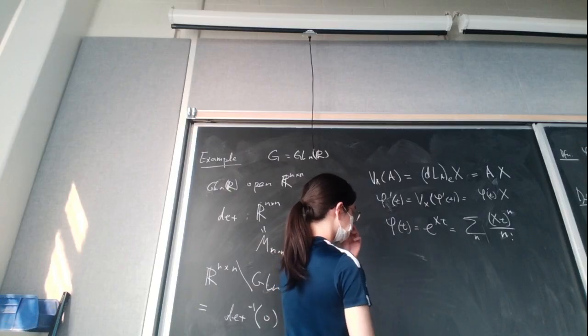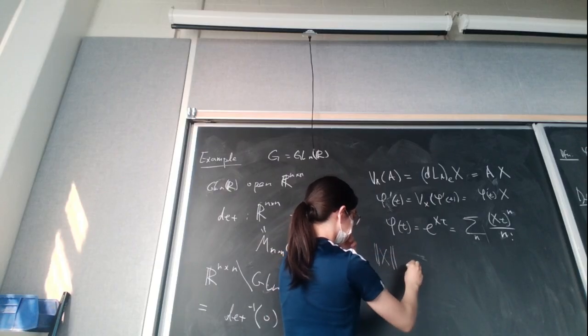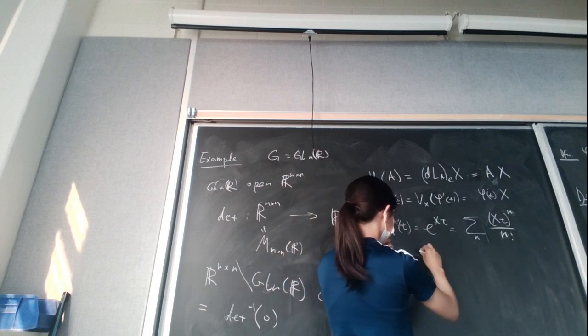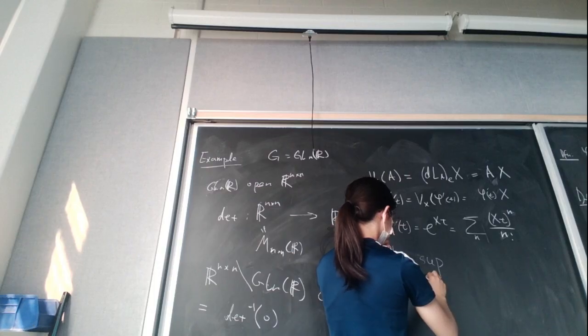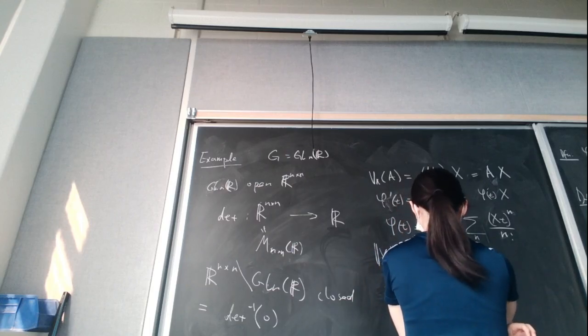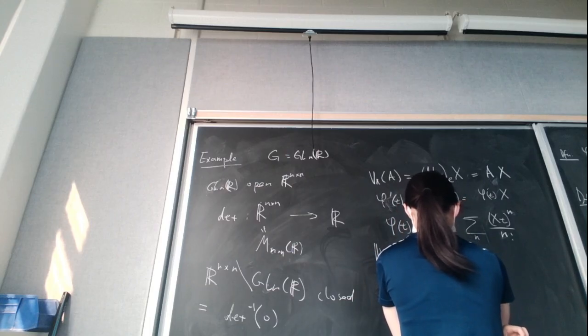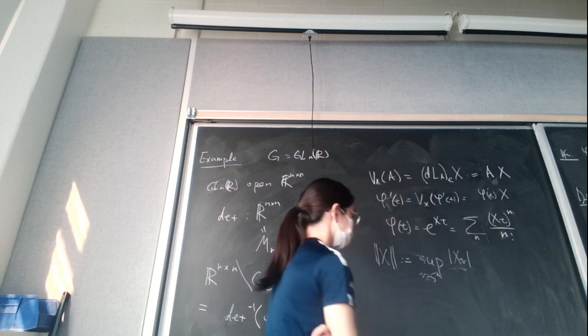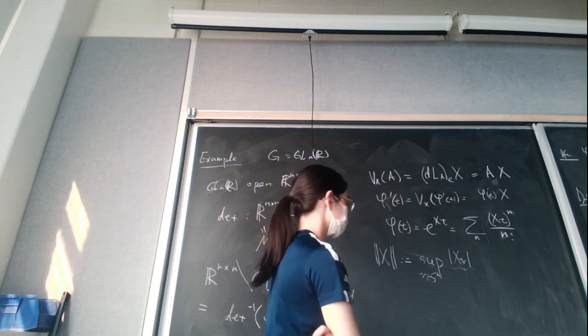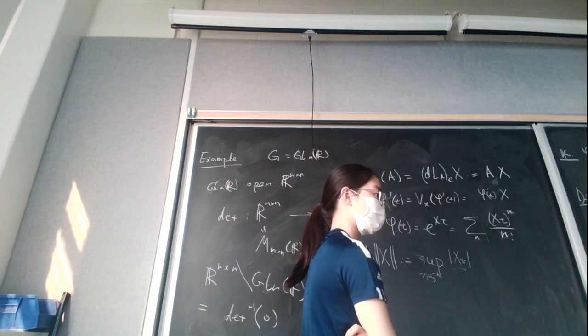I think the norm of x is defined to be the supremum of the norm of xv, where v is in S^n, divided by the norm of v.